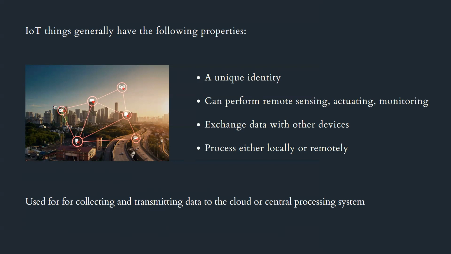Therefore, we can uniquely identify each of these devices without any problem. They will have their own MAC address and their own IP address. Using those addresses and other identities, we can identify the devices involved in the IoT network very uniquely.